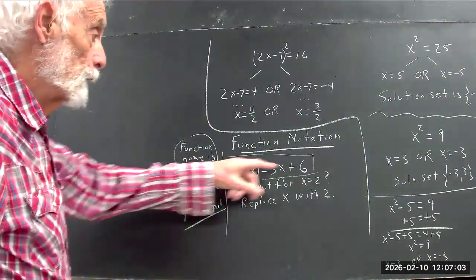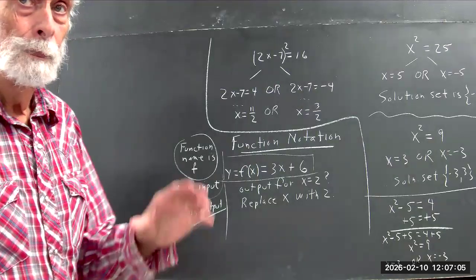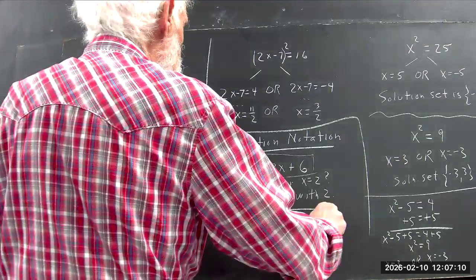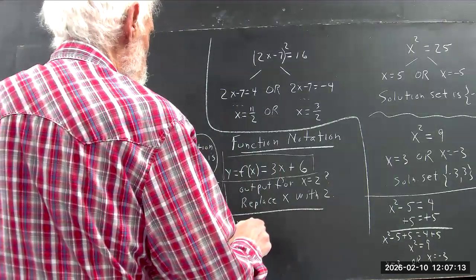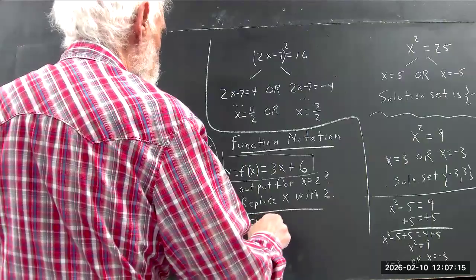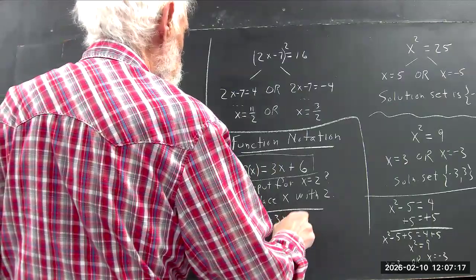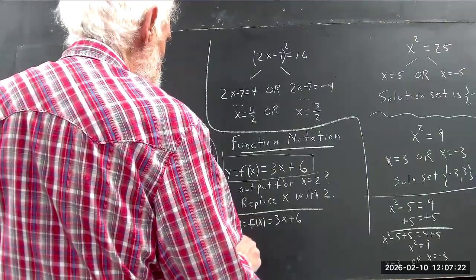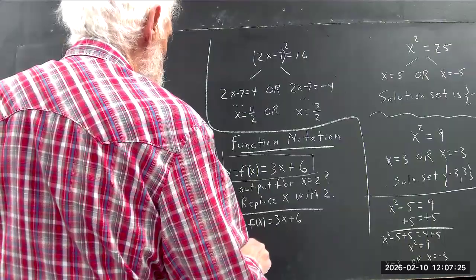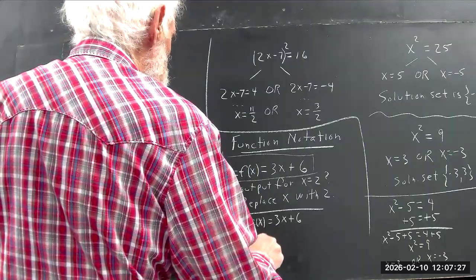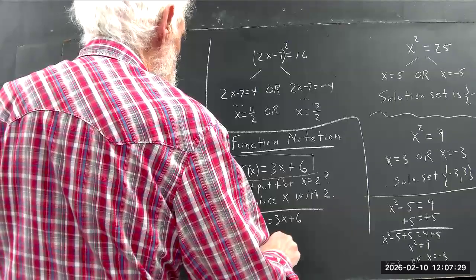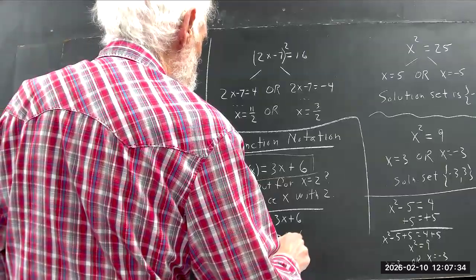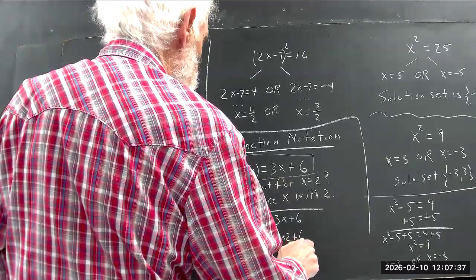What I said was write this out again and then write it out once more, replacing all the x's by 2. So we got y equals f of x equals 3x plus 6. Replace all the x's by 2. You get y equals f of 2 equals 3 times 2 plus 6.